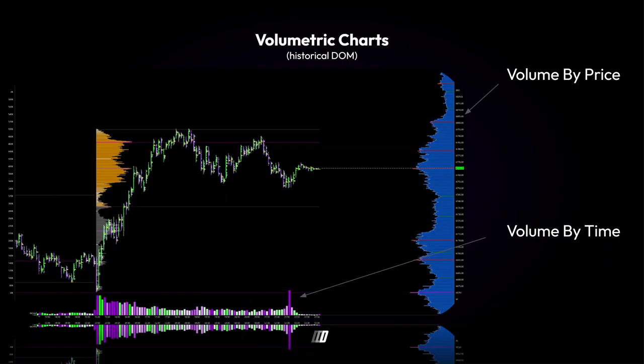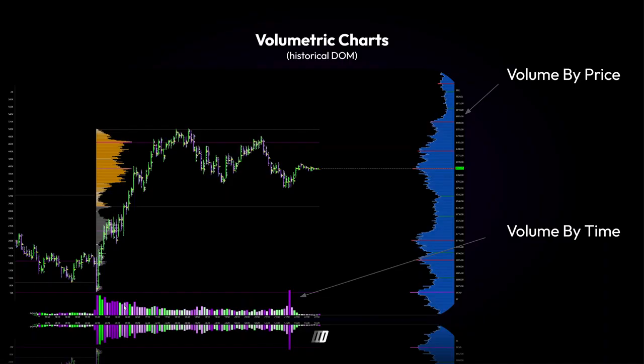It's probably institutional algorithms getting their fill, or really big traders. So we have them per level of price and also by time. This is volume by time. And volume by time tells us how much participation was there in a price swing.